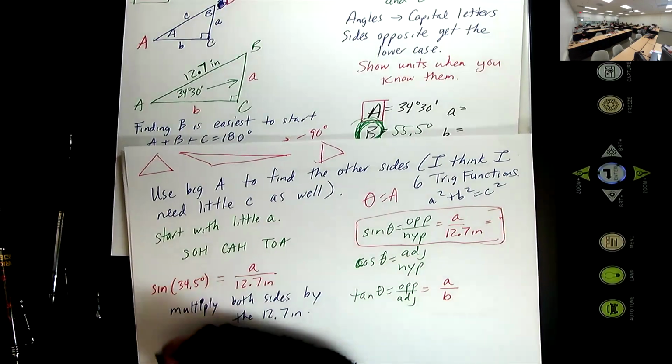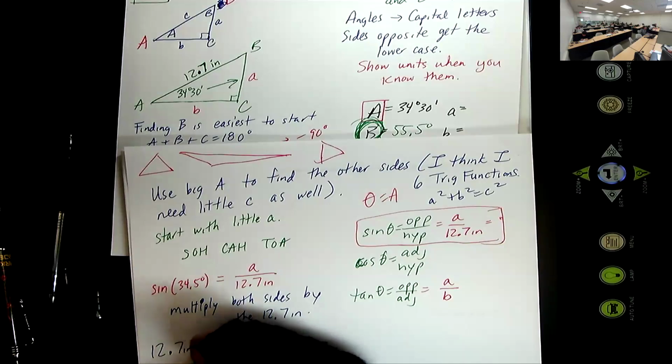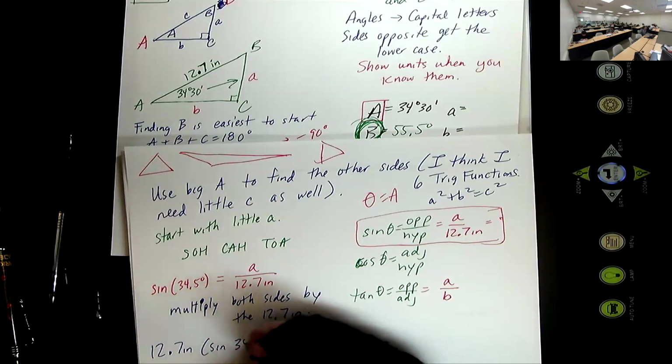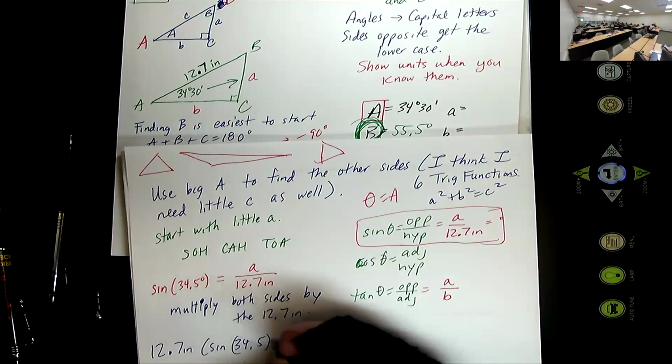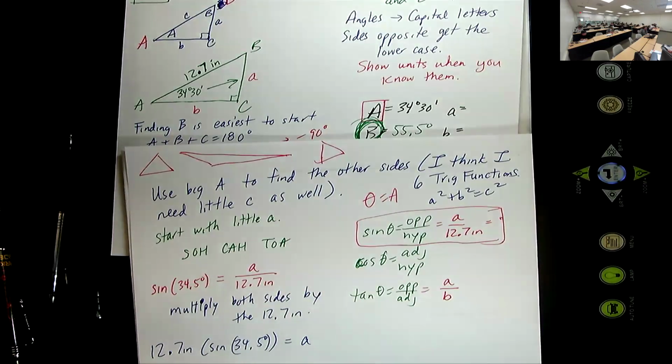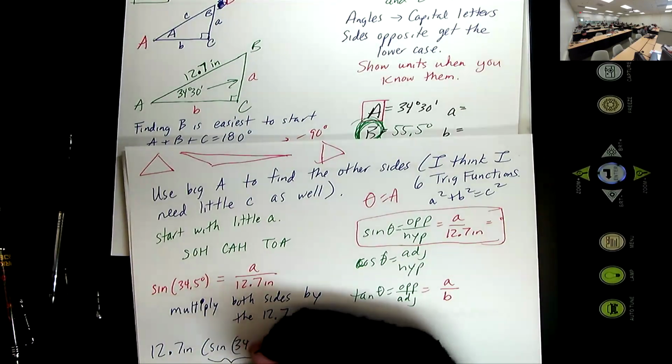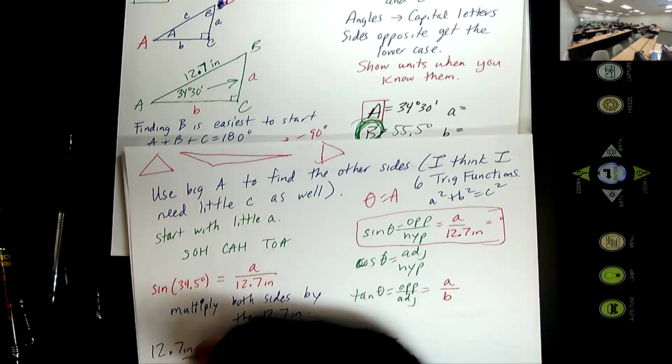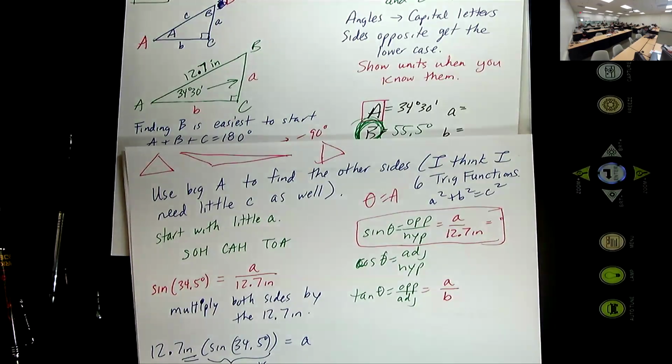And I will have 12.7 inches times sine of 34.5 degrees equals A. This actually has no units, so the only units that I have will be my units, inches. And now we're down to calculator work.